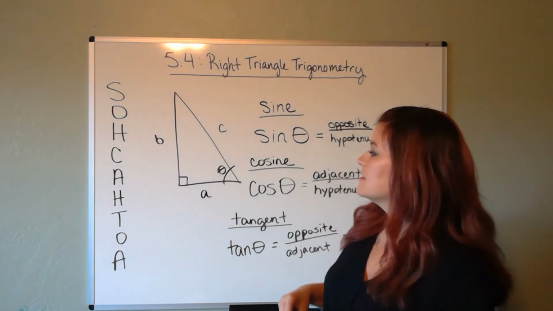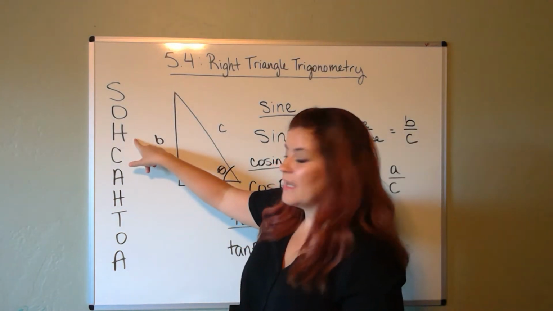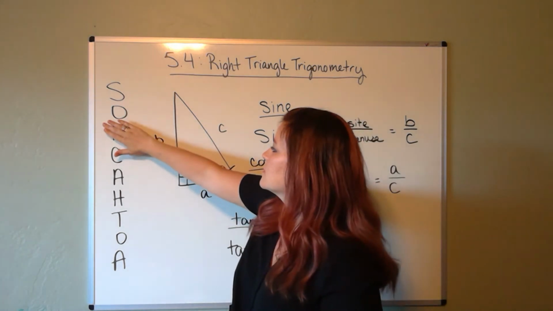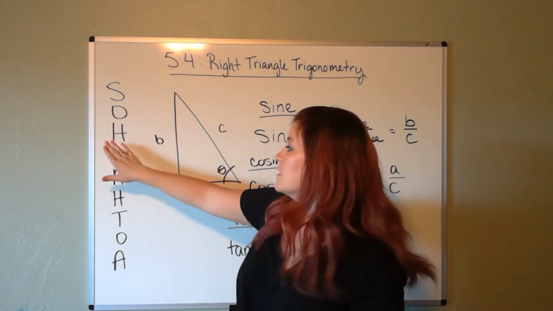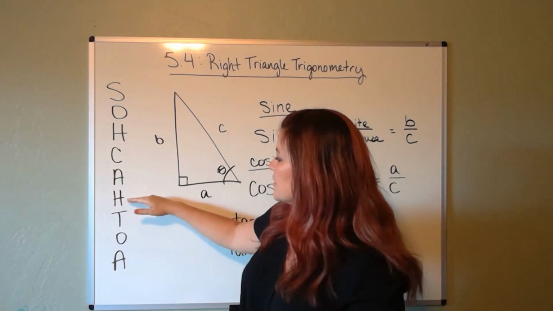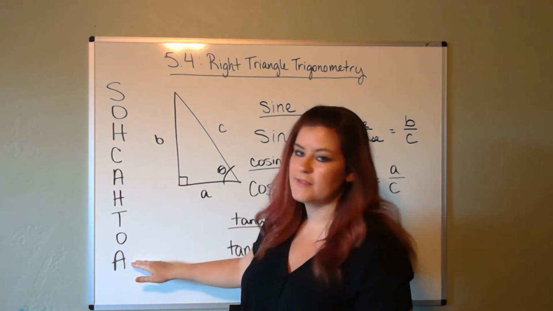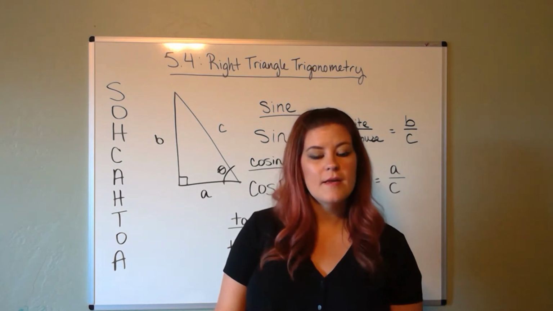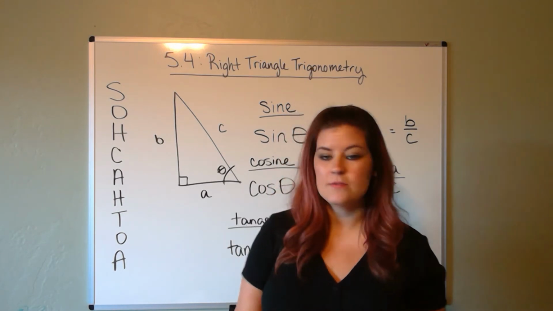It's easy to remember. And if you remember, the H is kind of silent here, so you have to remember. So this is SOH, and this is CAH, and the TOA doesn't have an H, it just says TOA. So you remember SOH, CAH, TOA, and it helps you remember your trig ratios.